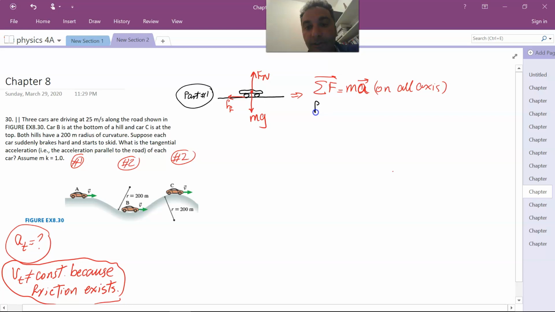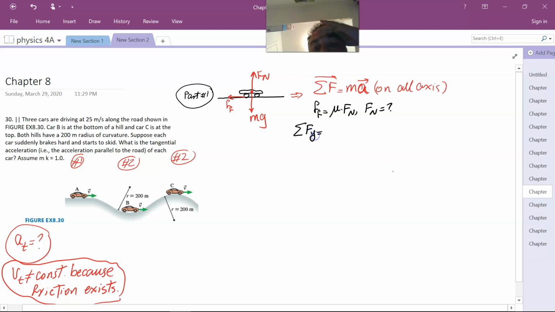I know that friction force is mu Fn, so I have to work on Fn. Fn is on the y-axis. On the y-axis I don't have motion, so sigma F on the y-axis is 0.